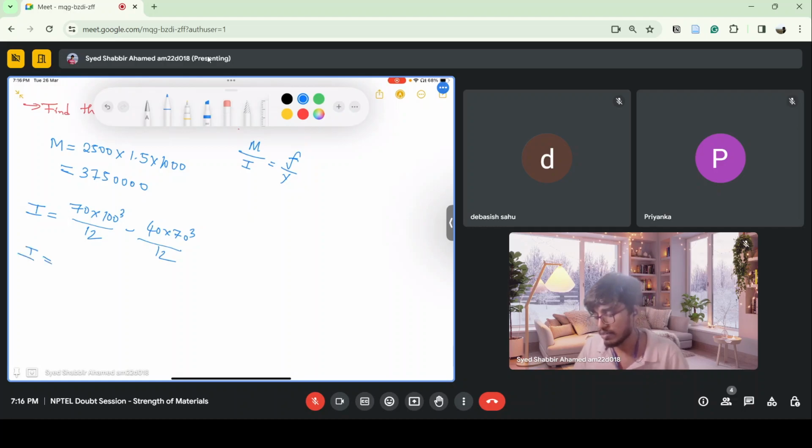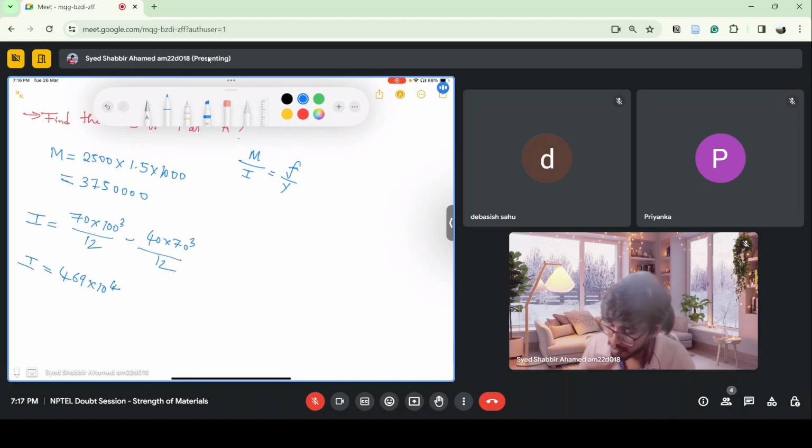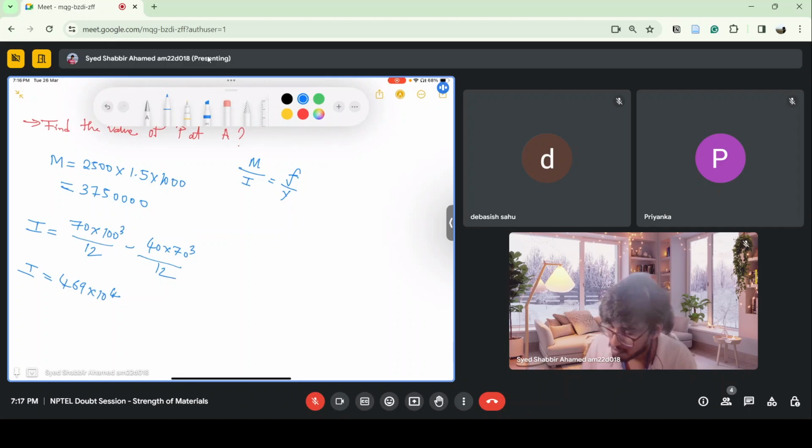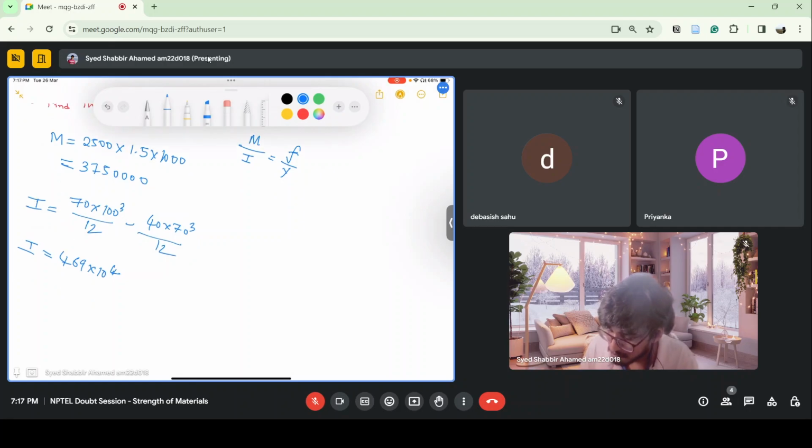I'll get 469 into 10 to the power of 4 mm to the power 4.